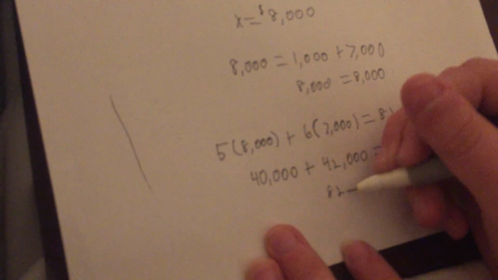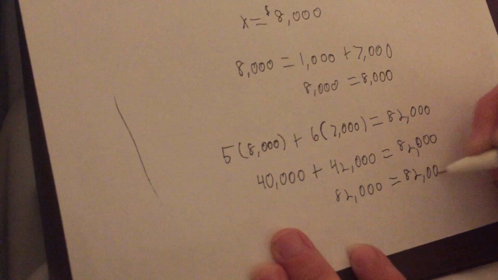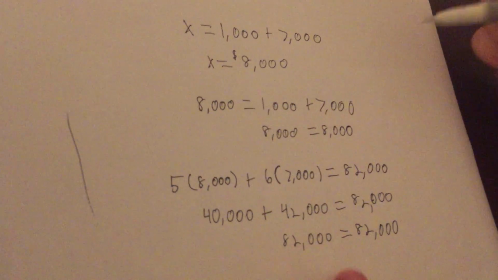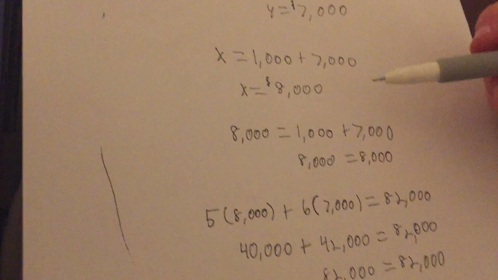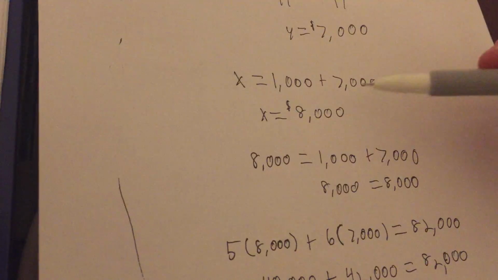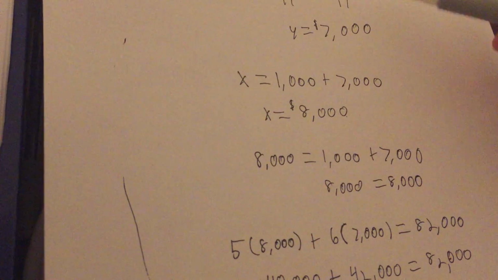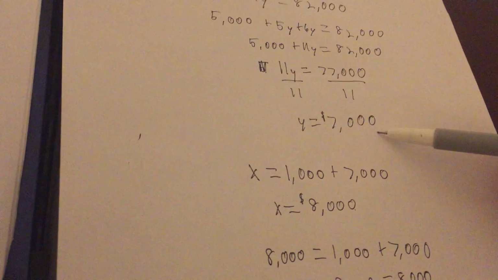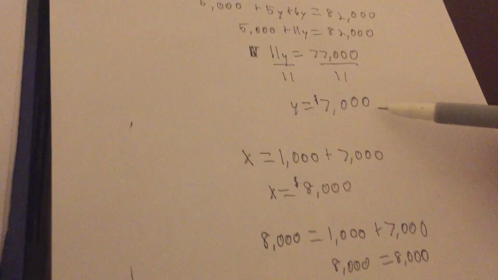Then we get 82,000 equals 82,000. So both of our variables work, which means that x equals $8,000, and $8,000 is the amount invested in the account paying 5% interest, and y, which is $7,000, is the amount invested in the account paying 6% interest.